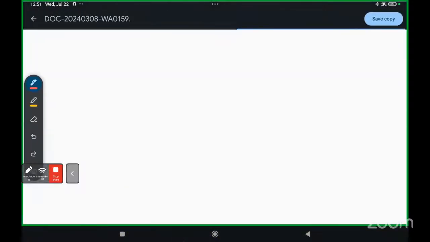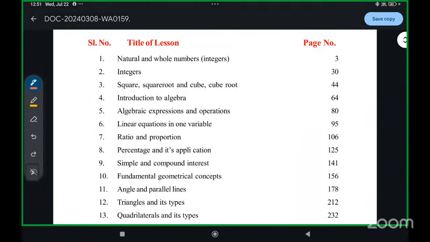Now, in the book, we are done with lesson 1, 2. I think we are still left with the third chapter, right? Did we do the third chapter? No, right? We did the fourth chapter, Introduction to Algebra, the fifth chapter, Algebraic Expression and Operation.